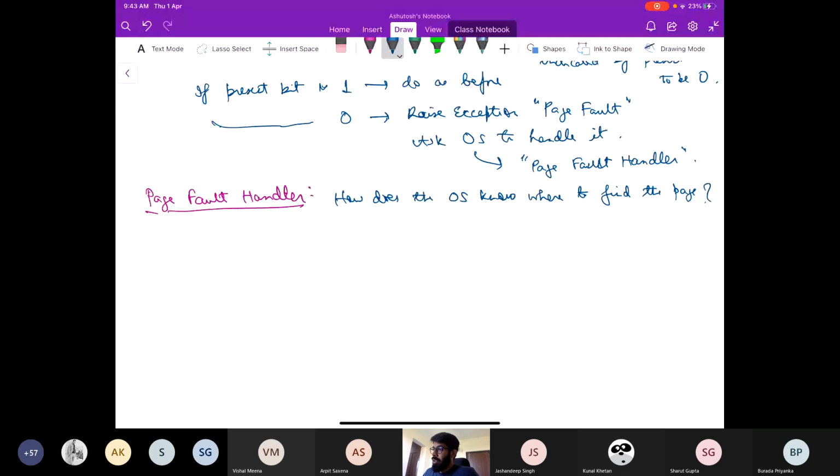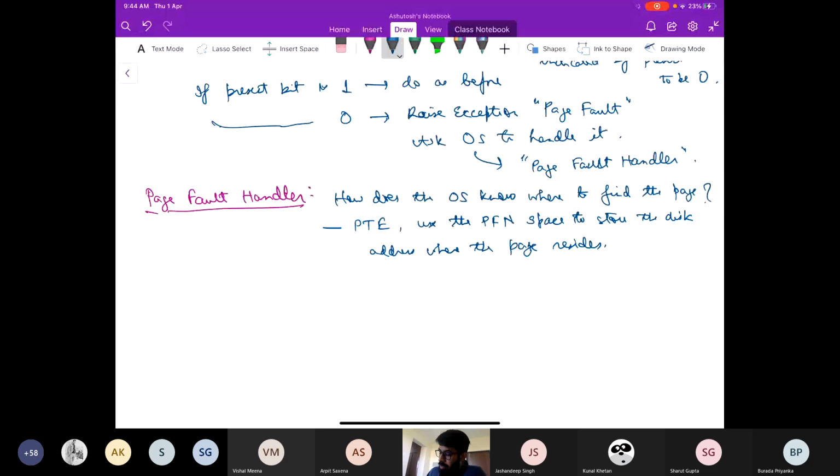Generally, what is done is that in the page table entry itself, we use the PFN space, the physical frame number space, to store the disk address where the page resides.